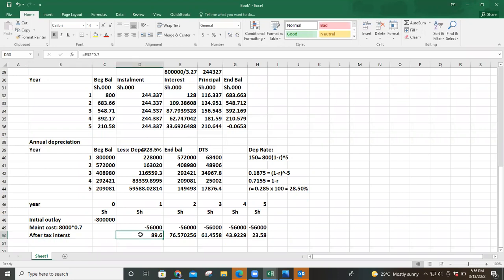And for information, they should all be negative, because it's a cost. Cash is going out. Then we add the DTS.